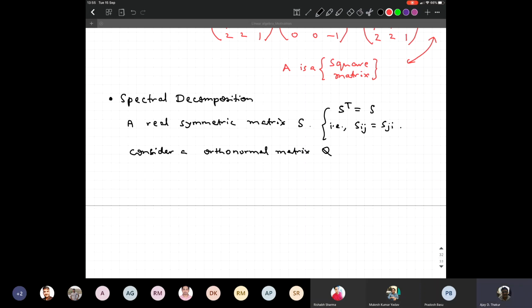So when we say orthonormal matrix, it basically means that Q transpose is going to be same as Q inverse.